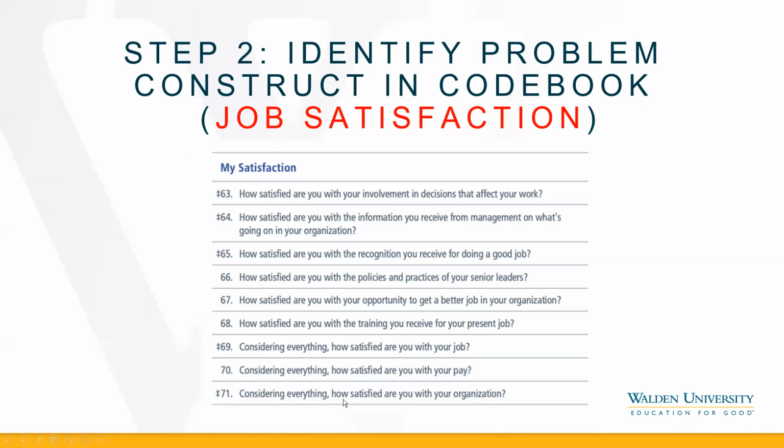We are now comfortable to proceed with job satisfaction as the dependent variable. And as you can see here, there are 1, 2, 3, 4, 5, 6, 7, 8, about 9 questions that measure job satisfaction. So again, you are very confident that you have captured a data set with your problem variable.